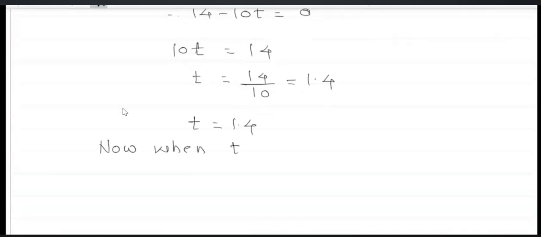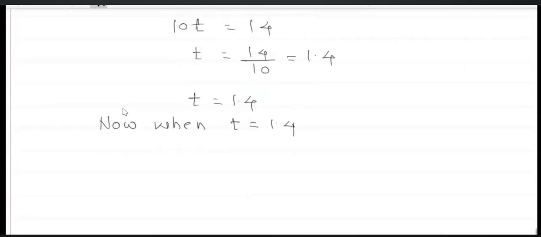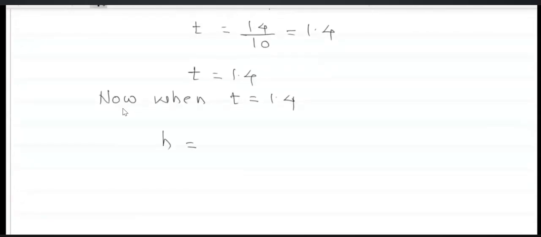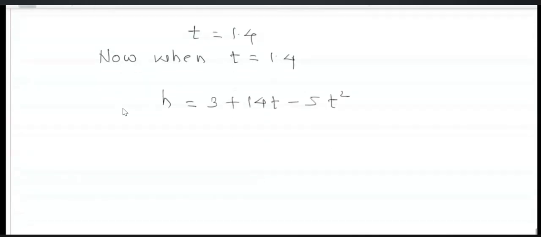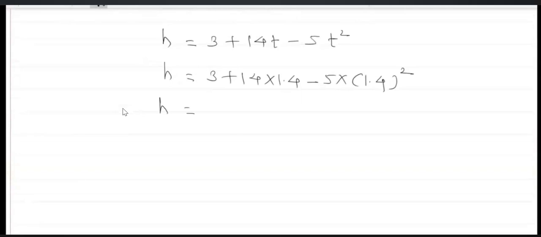The value of t is 1.4. h = 3 + 14t - 5t². Therefore, h = 3 + 14 into 1.4 - 5 into (1.4)².